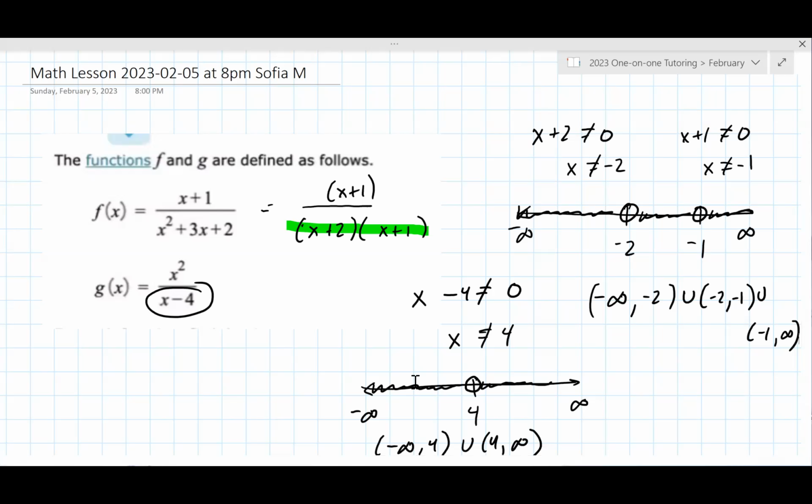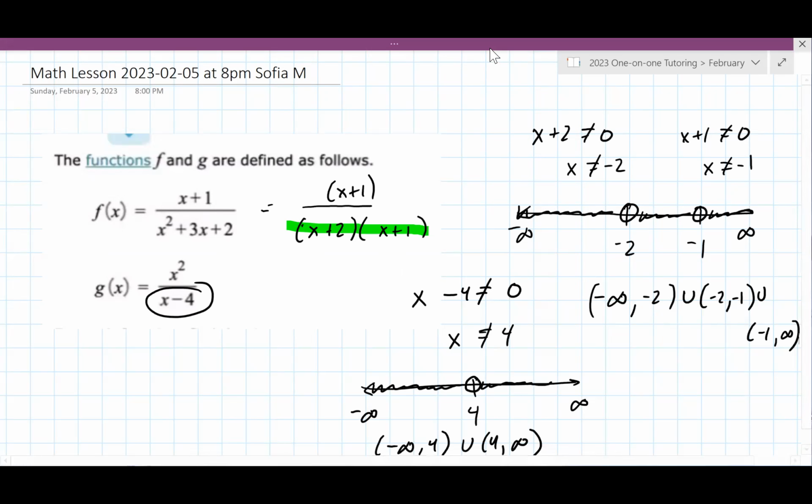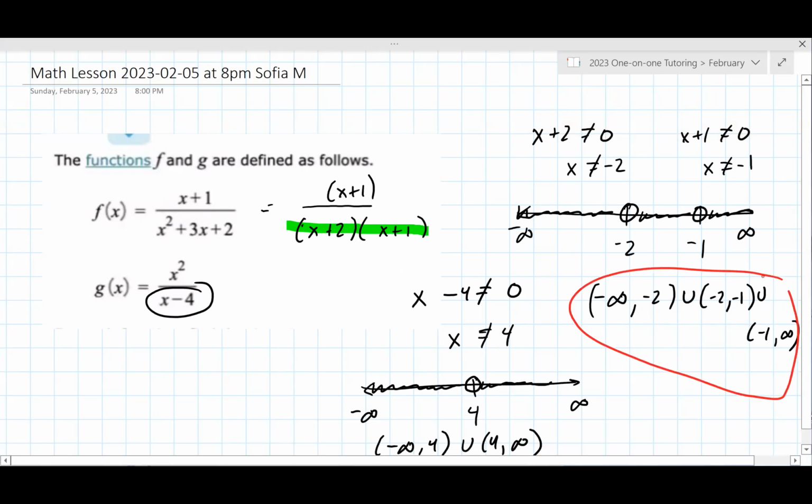I found it. That's my fault. And then the first one, it's not letting me type x plus 1 for the numerator. Oh, you don't. So sorry. Just to be clear, the answer is the part in the union, right? This is the answer to A, and this is the answer to B. That was just a side work step.